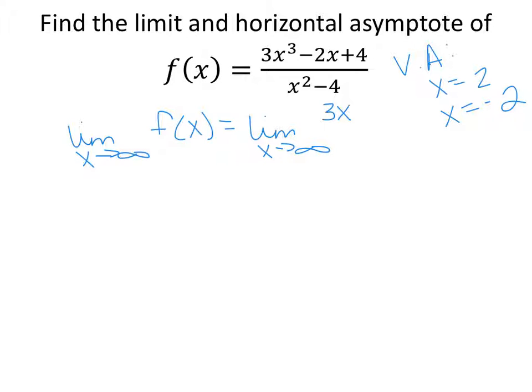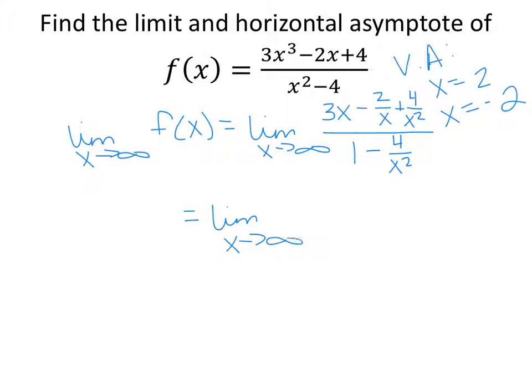Negative 2x divided by x squared would be negative 2 divided by x. And then we'd have plus 4 over x squared. My denominator is going to be 1 minus 4 over x squared. So here my limit as x approaches infinity of 3x minus 2 over x, I'm just rewriting it so we can see it a little bit better, plus 4 over x squared, all over 1 minus 4 over x squared.